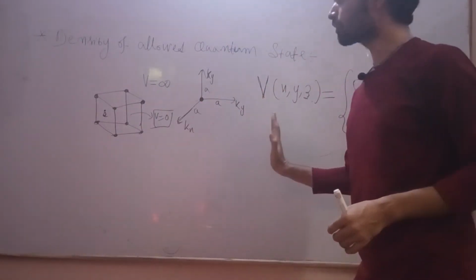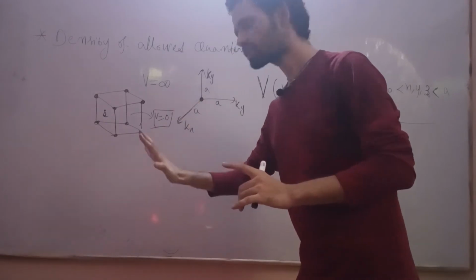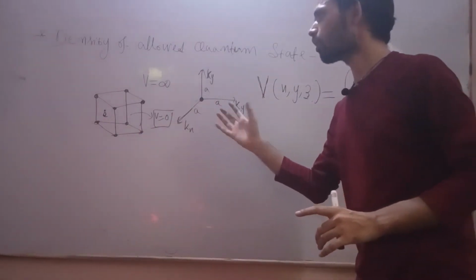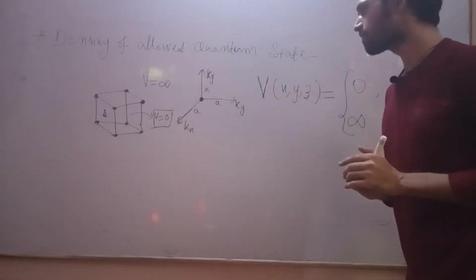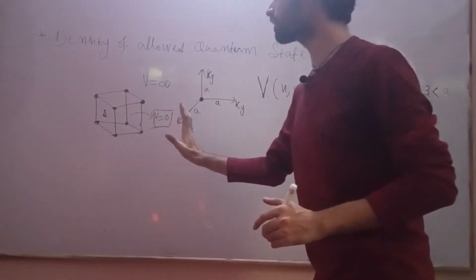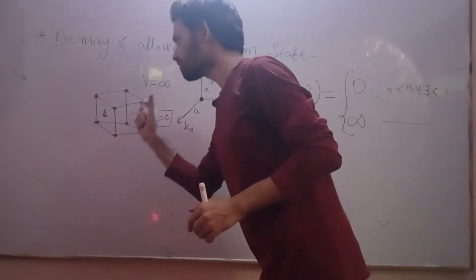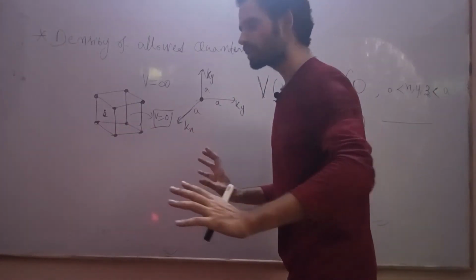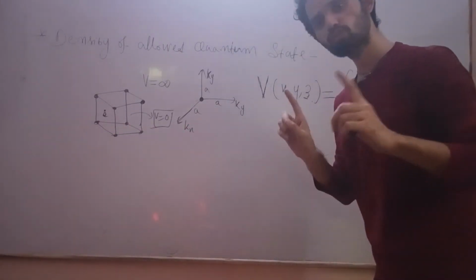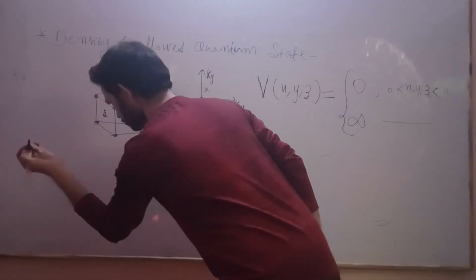Whatever we have done so far in the last class, we did only for one dimension. Now we are extrapolating the result of that one-dimensional infinite potential well here.